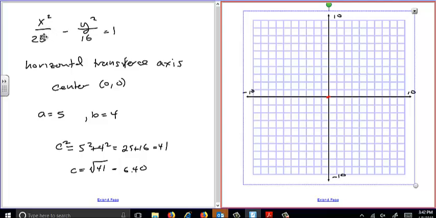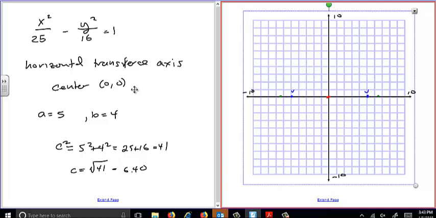Now the transverse axis is horizontal, and we're going to move 5 units either side of the center. So you go 1, 2, 3, 4, 5. Let's use a different color. That's the vertex. Go the other direction, 1, 2, 3, 4, 5. So these are vertices. Now if we go 6.4 units, so 5, 6, 6.4, those are going to be the focal points.